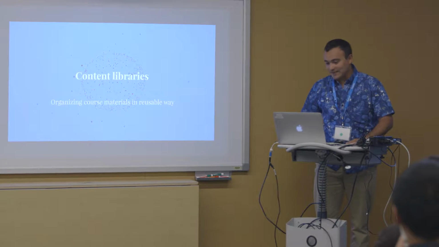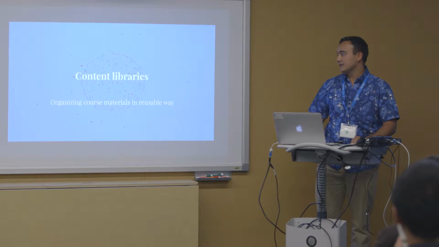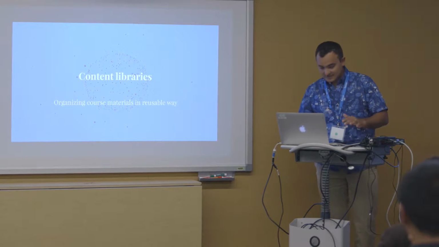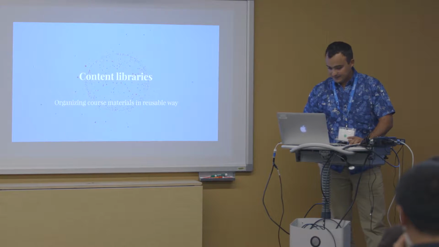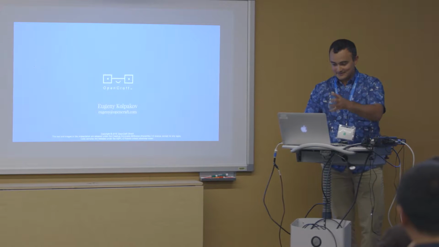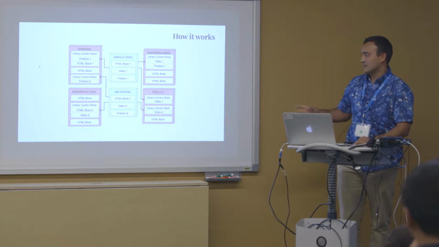So this is about content libraries, which allow you to organize content materials in a reusable way, like videos, images, and problems, across multiple courses. So this is basically how it works.